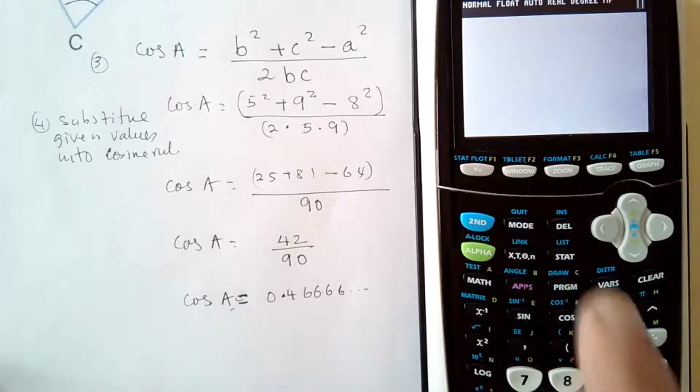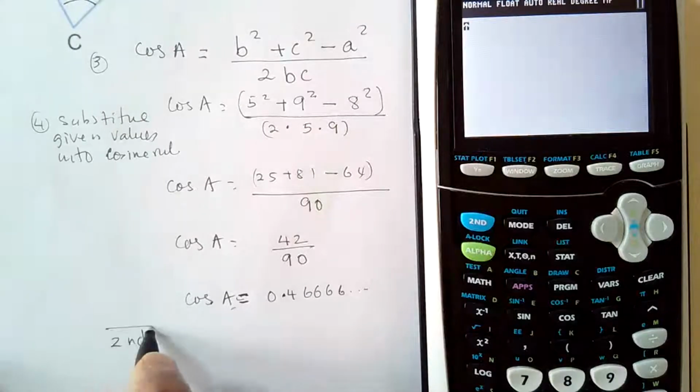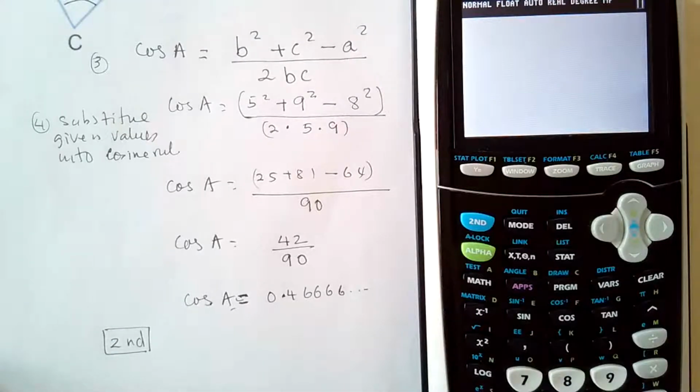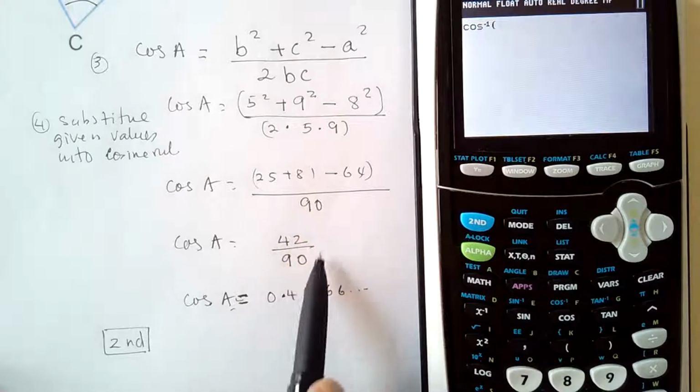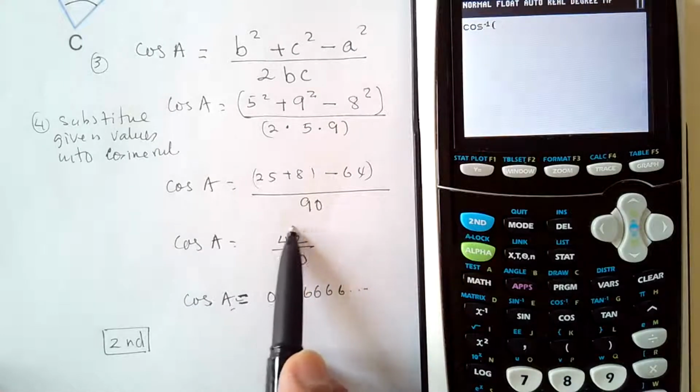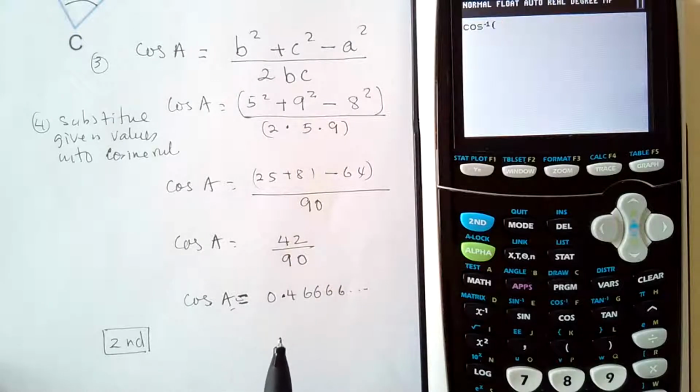Step 1, you need to press your second button, then the cos button. We're finding the inverse cos of 0.4666. By the way, whenever you're finding the angle, the ratio here should always be less than 1. If it's not less than 1, check your calculation.